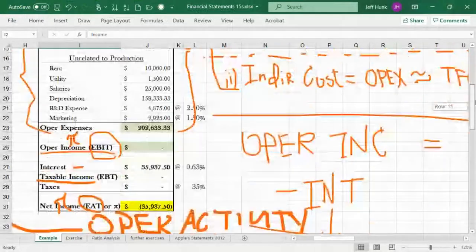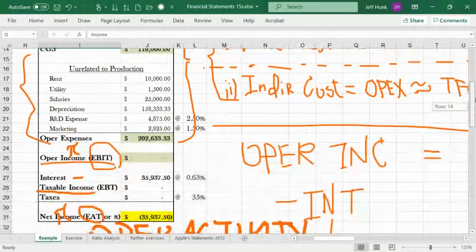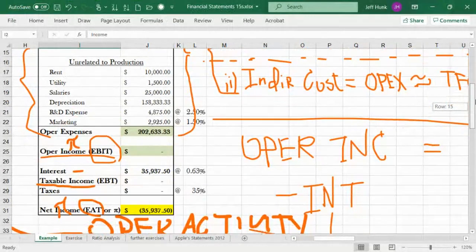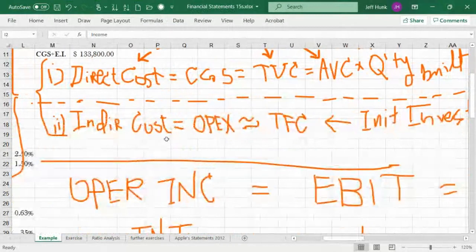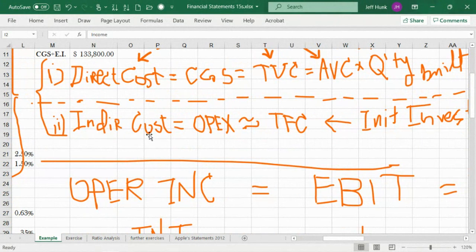So we didn't quite finish the income statement last time. I was just wrapping up the explanation about the indirect cost, which is called operating expenses, and these are basically fixed costs. Hence it is also called total fixed cost, fixed as opposed to variable.